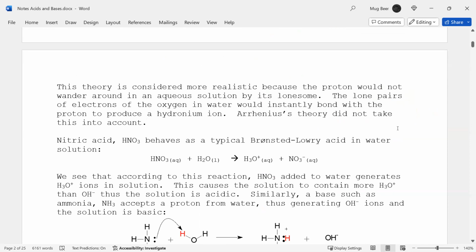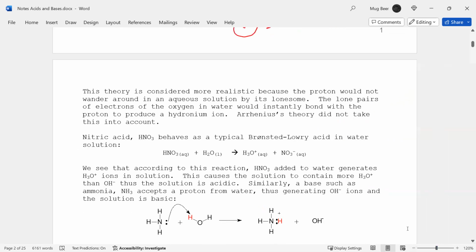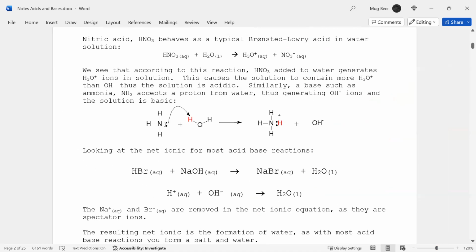And so what you end up with is something donating an H plus or a proton and something accepting a proton. So their definition was anything that accepts the proton is a base, and anything that donates the proton is an acid. So there's Bronsted-Lowry's definition.